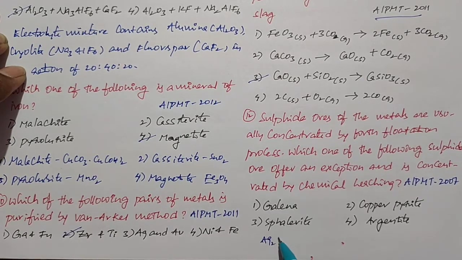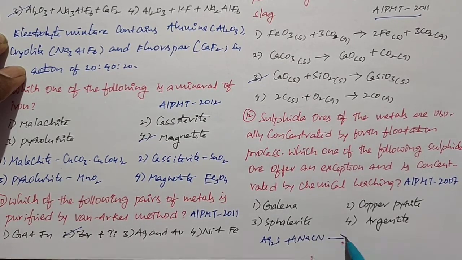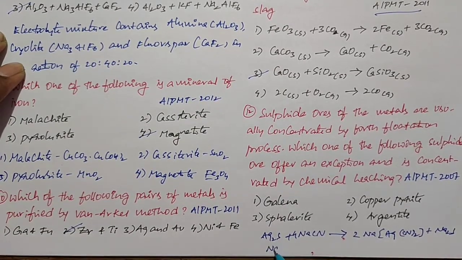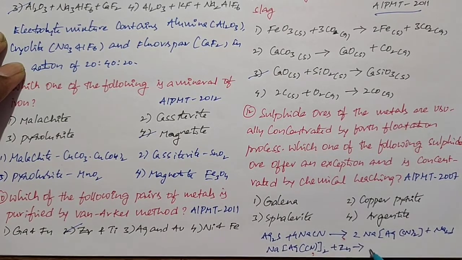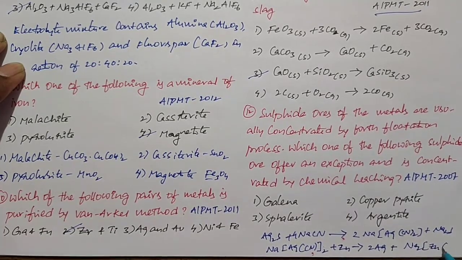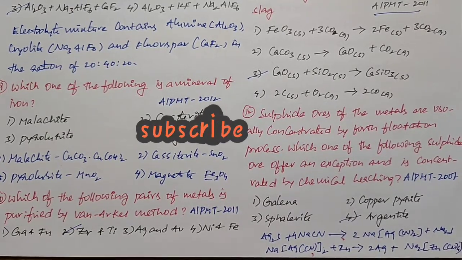Ag2S reacts with sodium cyanide and forms a complex with cyanide, and this silver cyanide complex later reacts with zinc dust and forms the metal: 2Ag plus Na2[Zn(CN)4]. So these are the reactions involved. So argentite can be extracted by the leaching process. That's all.